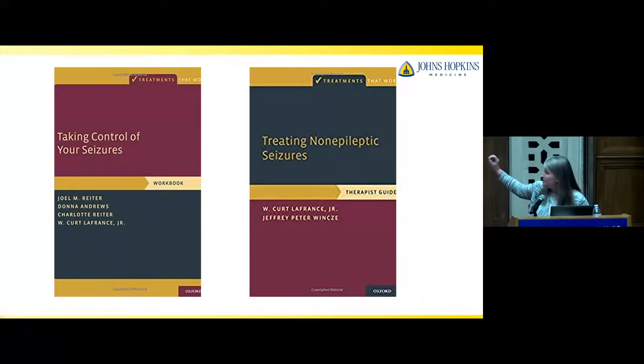This is the approach that I was trained in. It's a cognitive behavioral framework. One of the authors, Dr. LaFrance, is in the process of publishing the same sort of approach for FND more broadly, because this was about functional seizures.